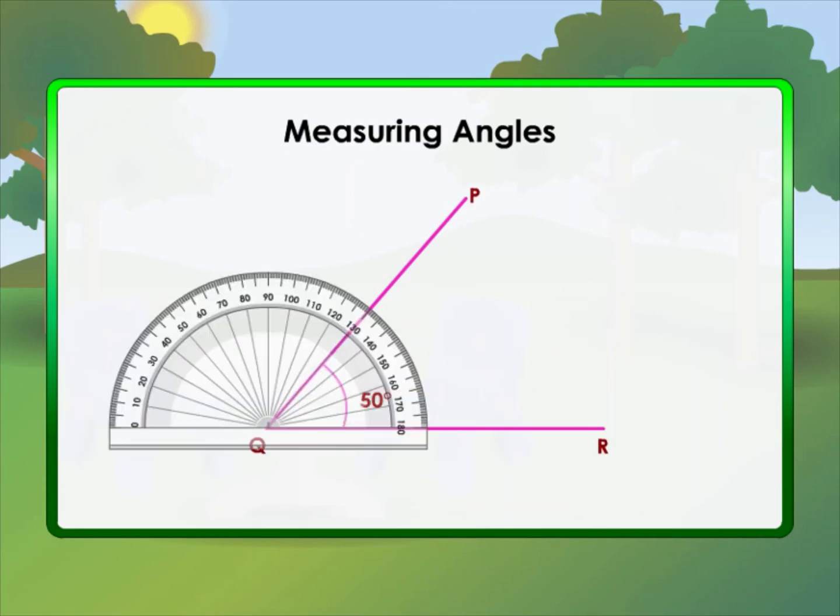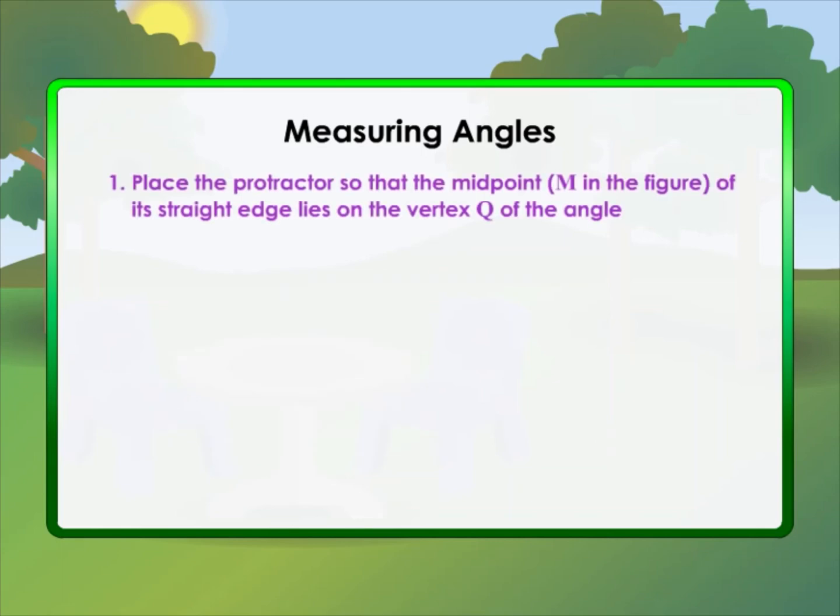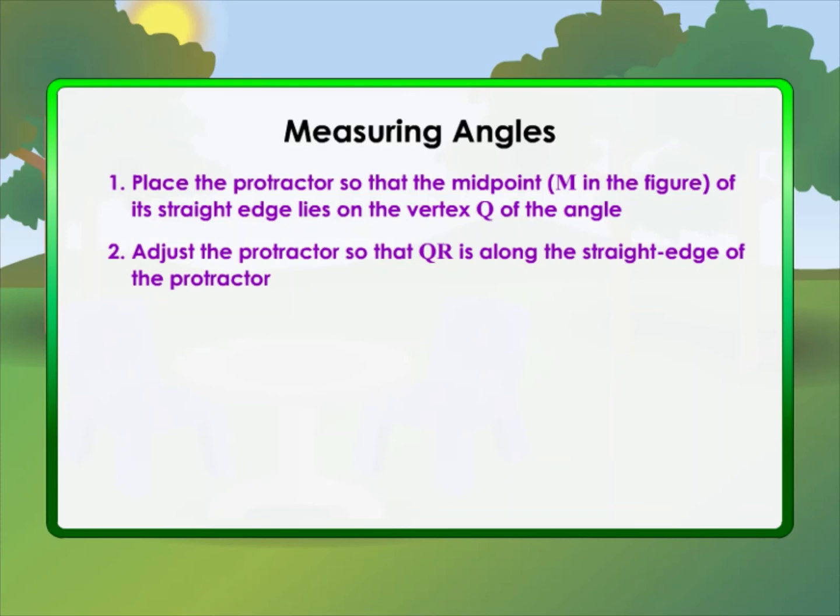If you want to measure an angle PQR, place the protractor so that the midpoint of its straight edge, as shown in the figure, lies on the vertex Q of the angle. Adjust the protractor so that QR is along the straight edge of the protractor.